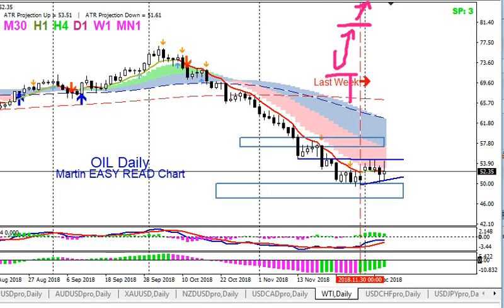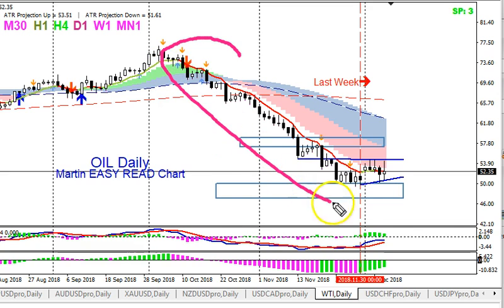Okay, so taking that off to chart oil. Talk about oil after we talk about the Canadian currency, because oil is tied in, and oil has taken an ugly nosedive down south, right? The sellers have been in control all the way back in the end of September.